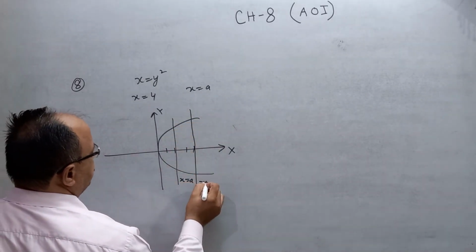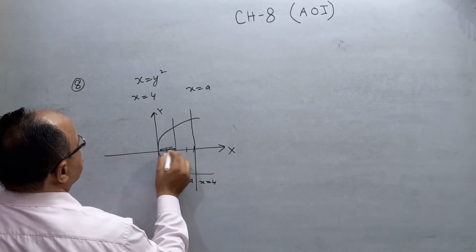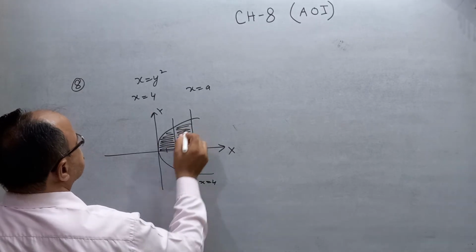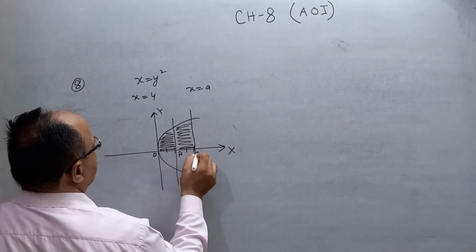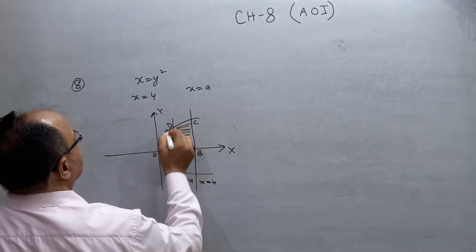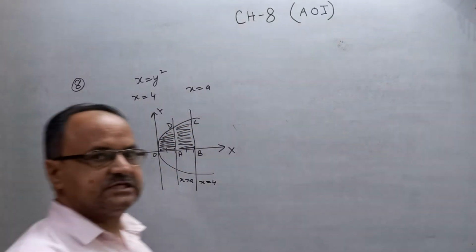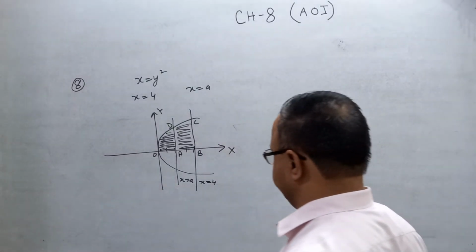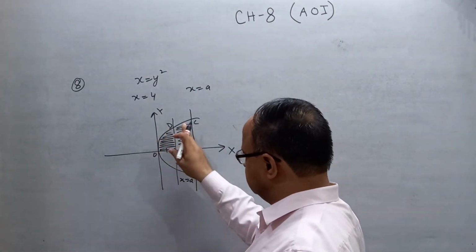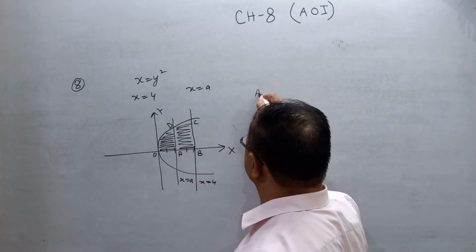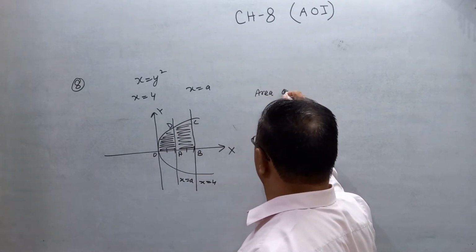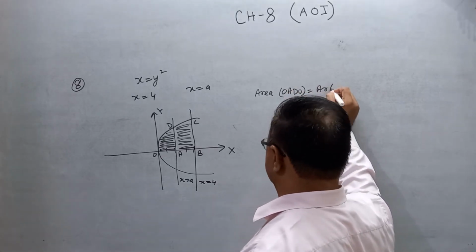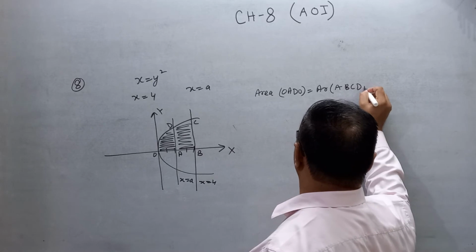It means area of this part is equal to area of this part. O, A, B, C, D. The line x is equal to a divides the complete part into two equal parts. This complete is equal to this. Therefore, area OABO is equal to area ABCDE.